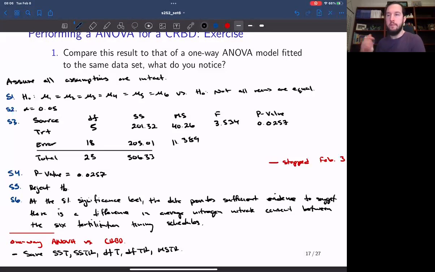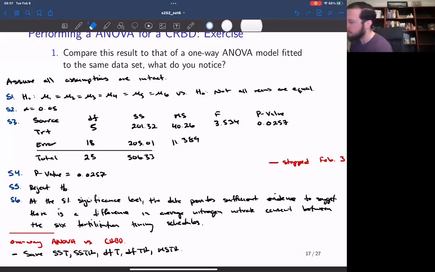So they have the same total. They have the same sum of squares total, the same sum of squares treatment. They have the same degrees of freedom total and the same degrees of freedom treatment, and they have the same mean square treatment. They would also have the same mean square total, but we don't use that value, so I'm not going to mention it.